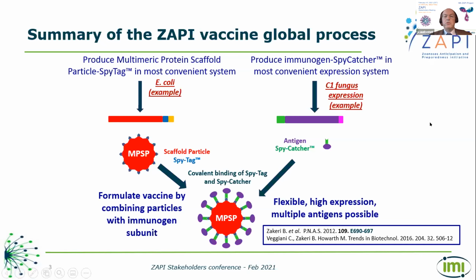And the subunit is fused with the counterpart of the SpyTag, which is SpyCatcher, the complement of the superglue system. And the final product is actually the coupling between the two components by a simple mixing that we'll describe.